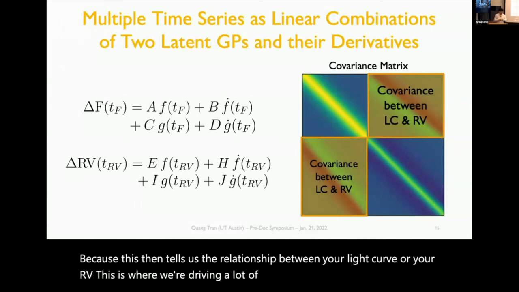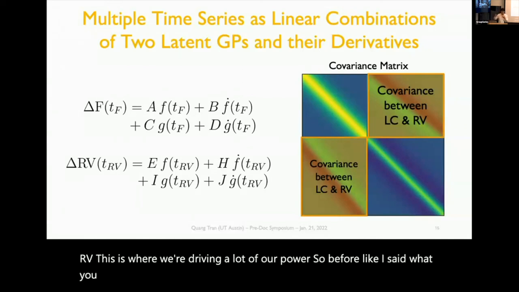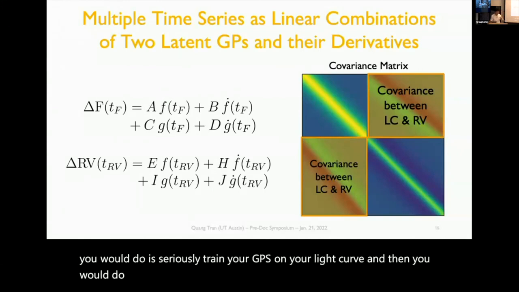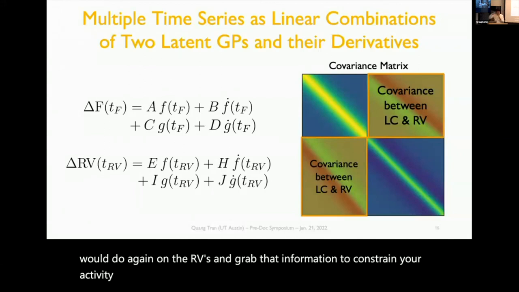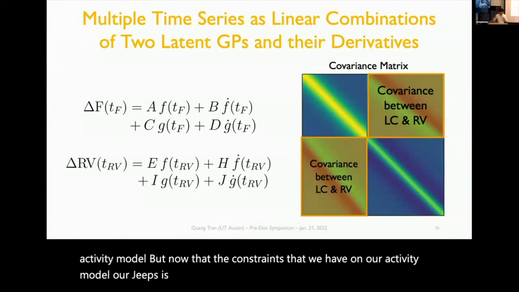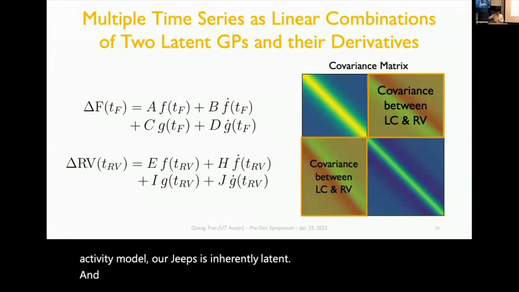So before, like I said, what you would do is serially train your GPs on your light curve, and then do it again on the RVs and grab that information to constrain your activity model. But now the constraints that we have on our activity model, our GPs, are latent and well described by the covariance elements here, such that we're no longer constrained in time.